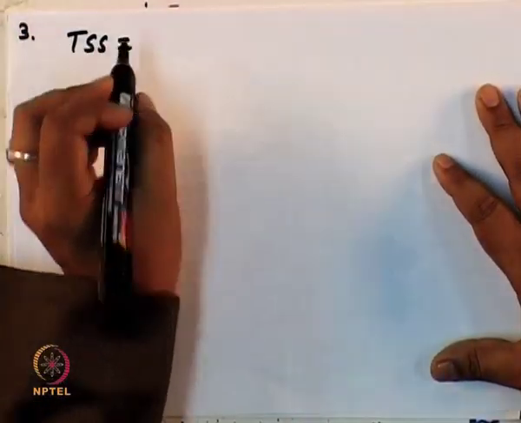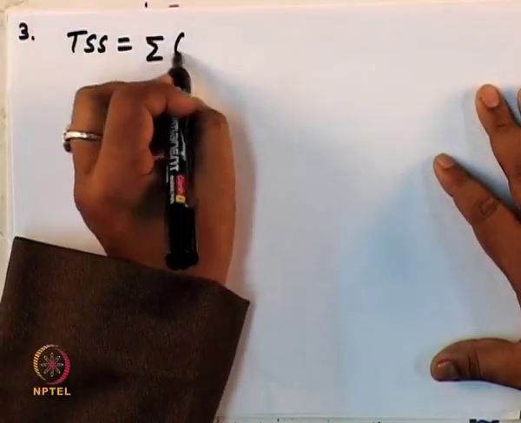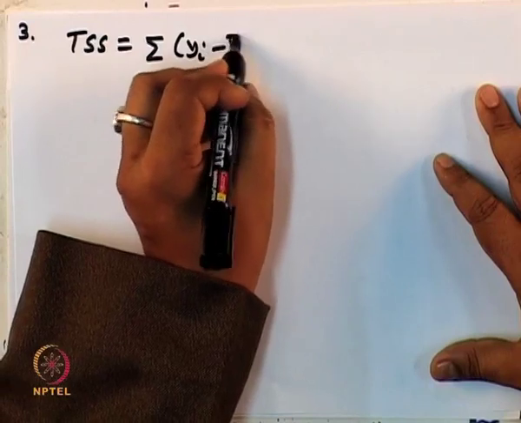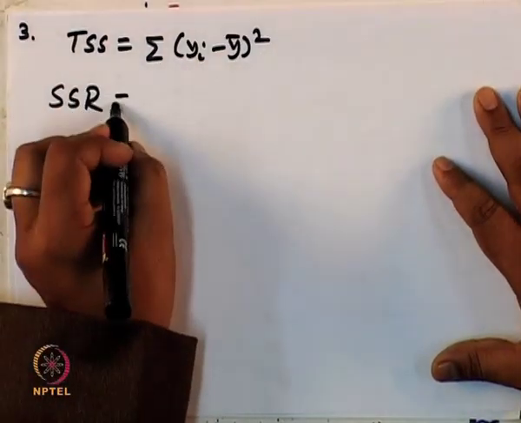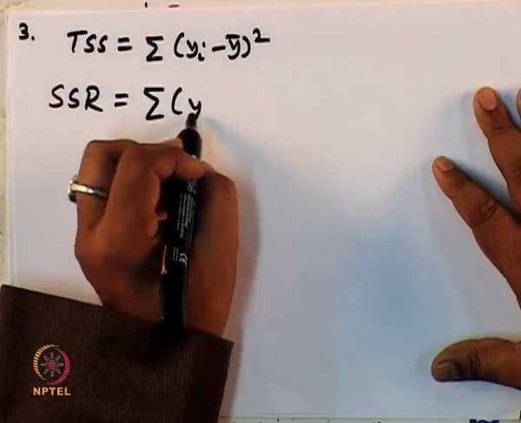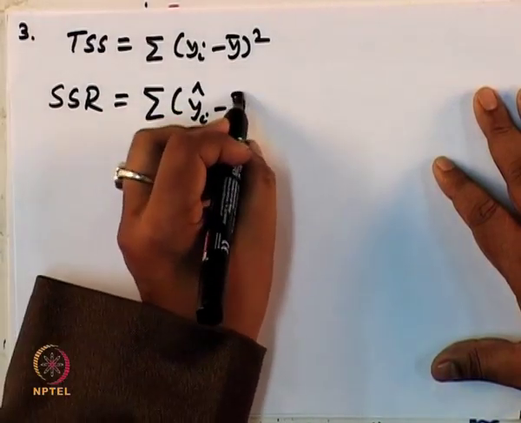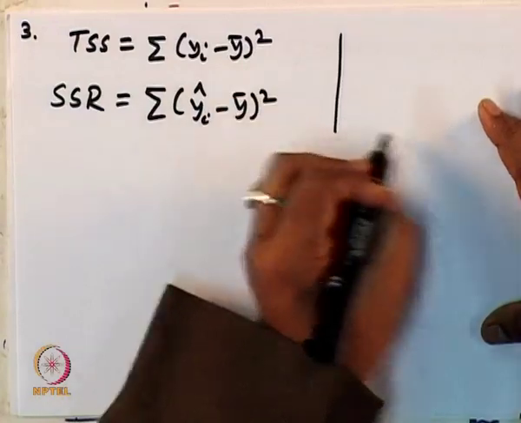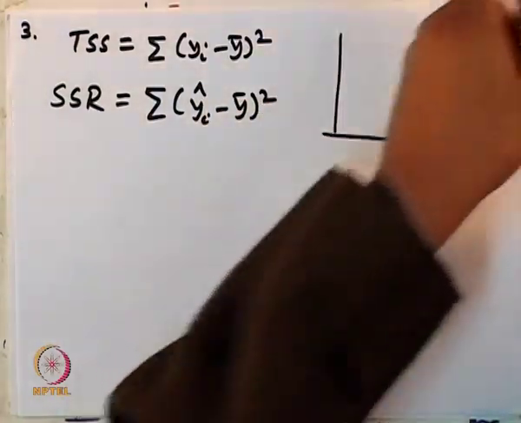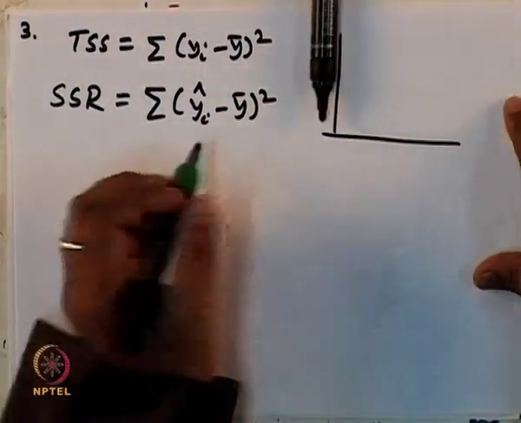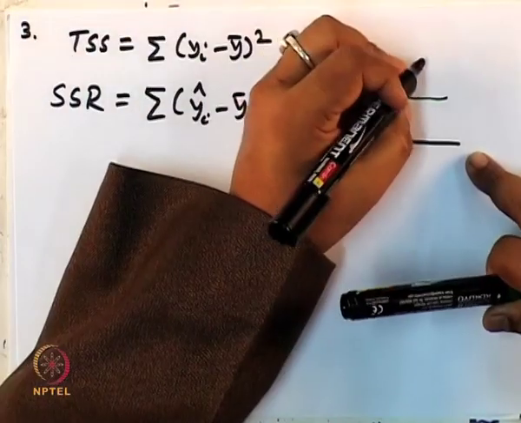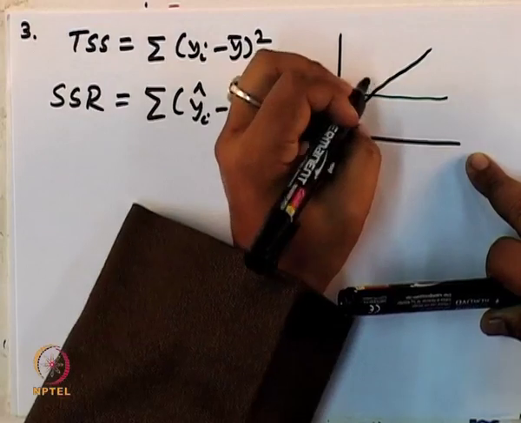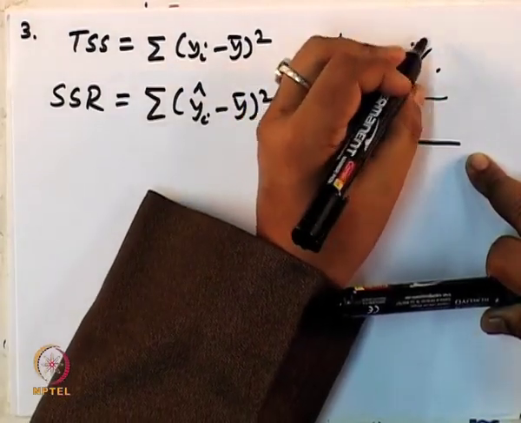So, once again, first let me write out TSS. TSS is summation of yi minus y bar whole square. SSR is summation of yi hat minus y bar whole square. Once again, this is your y bar line, this is the line you fit, and these are your points.